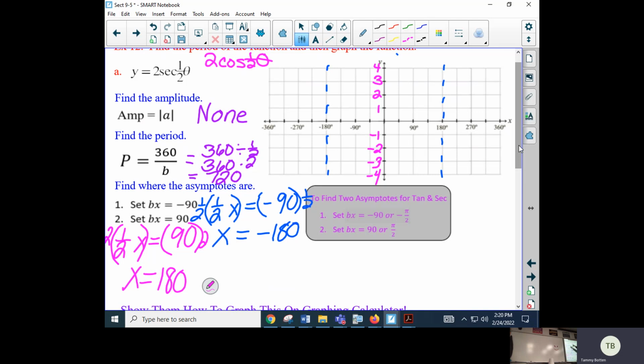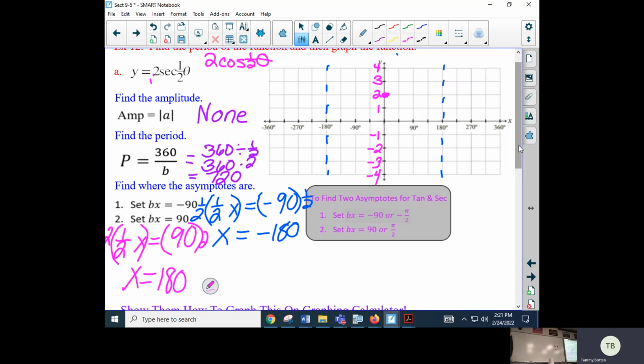But for today, you have to look at what is the amplitude, how high and how low should I go, and what is my period, okay? So we're starting at 0, and we're doing cosine. Do you guys get cosine always starts up? And because it's a 2, we start up at 2.